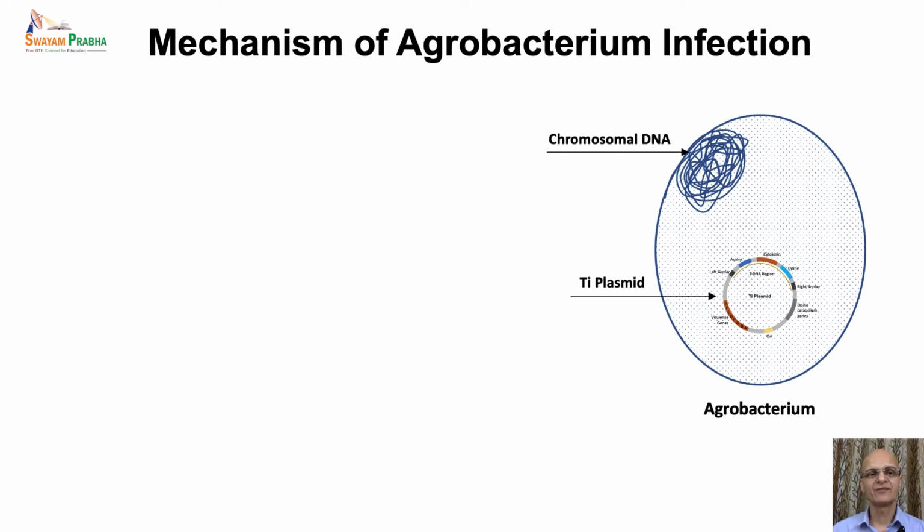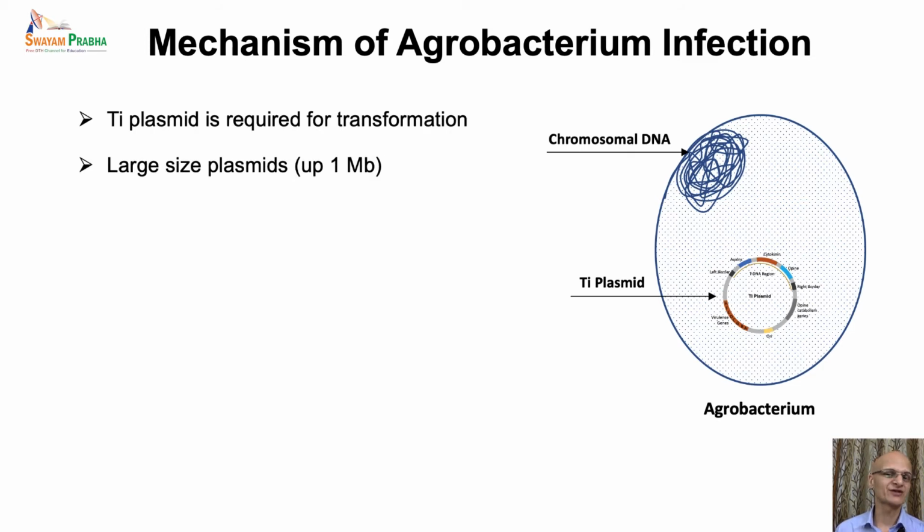Let's learn about the biology of the Agrobacterium infection, or the mechanism of the Agrobacterium infection. By now, we know that Agrobacterium naturally transforms the plants during the infection and causes the crown gall disease.